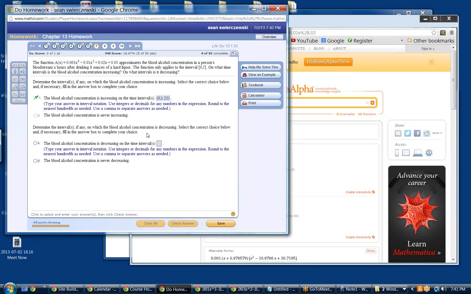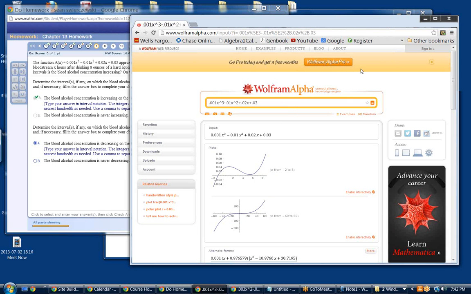Determine when the blood alcohol is decreasing. Select the correct choice. Okay, it's going to be decreasing from 1.23, comma, what should the right-hand number be? Infinity? No. If we look at that chart, it's somewhere there.